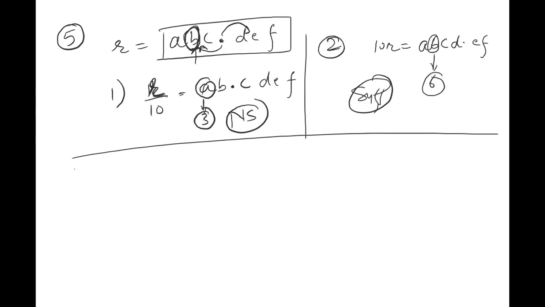If in the first statement the number was AB.CDE, I mean the actual number you're talking about, that is not possible because when we divide by 10, the tenth digit still remains.